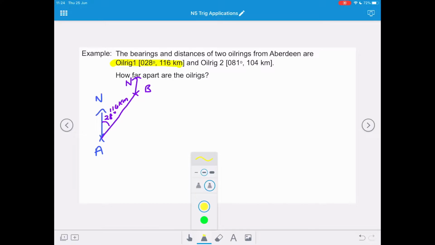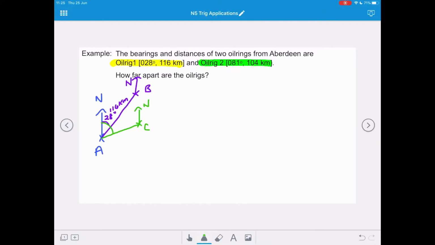Then we need to consider where the position of oil rig 2 is going to be, and it's at a bearing of 081 degrees clockwise from north at a distance of 104 kilometres. So we're going to measure round 81 degrees from north this time, and draw in our line to represent 104 kilometres, and we're going to mark on oil rig 2 as point C, and label in north for that point.